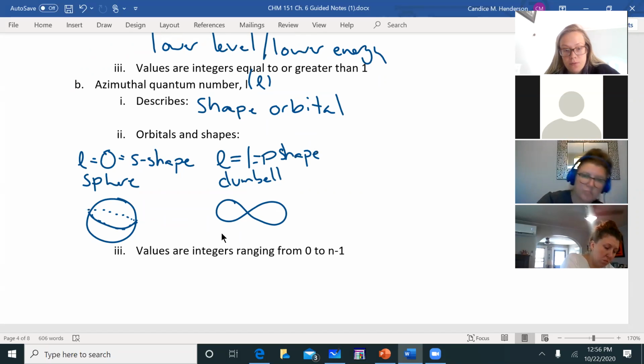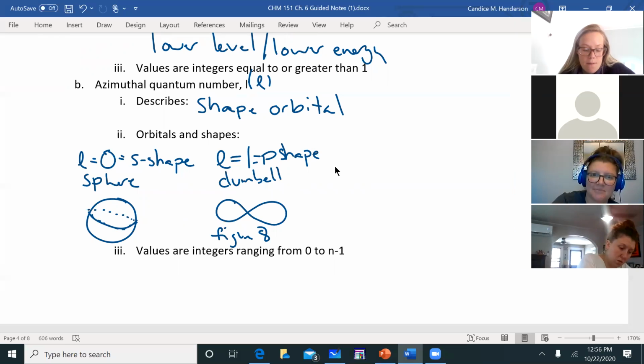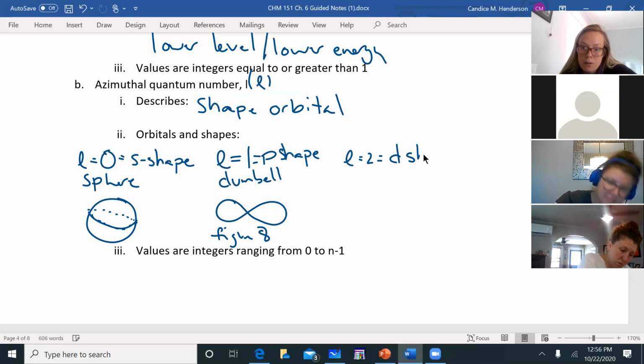Sometimes also called a figure 8. Another shape that we have is l equals 2. This is going to be our d shape, and this is like a 4-leaf clover.